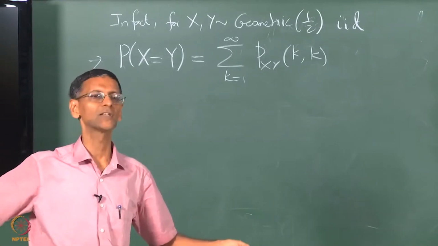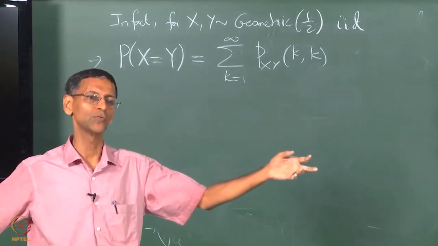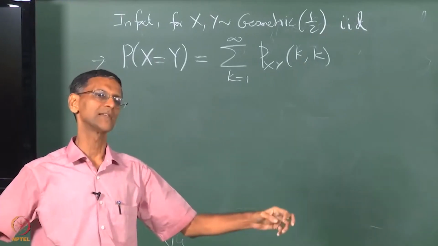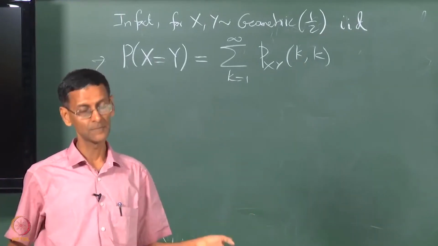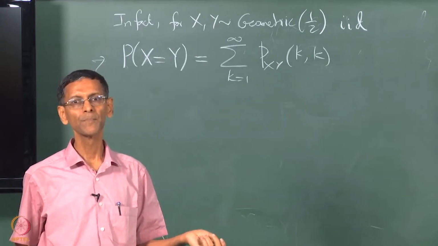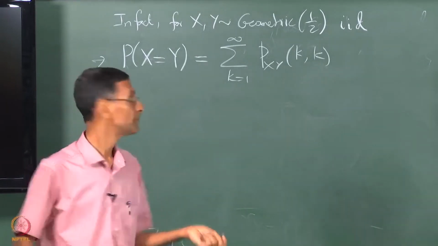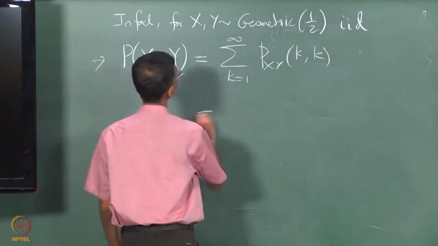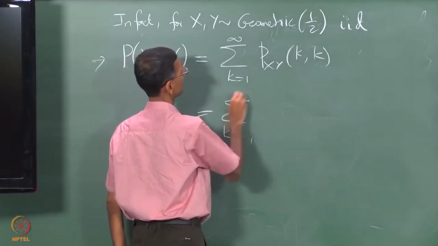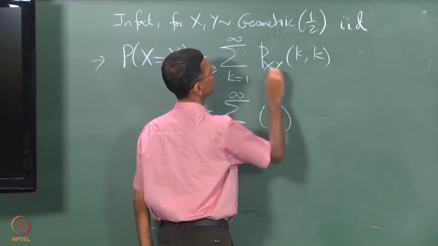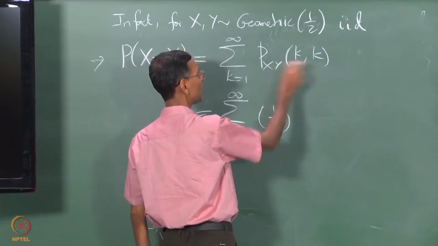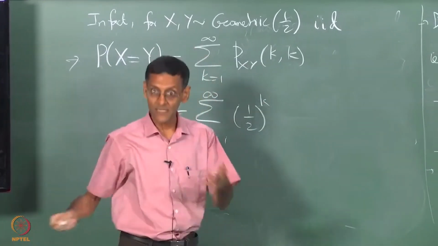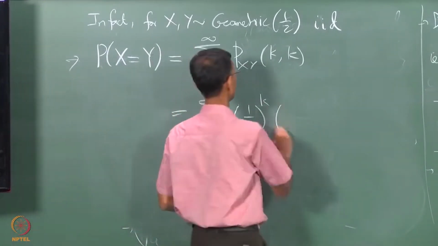One person tossing in this corner of the room, the other person tossing in that corner of the room, and you are looking at the event that the same number of trials is required to get a head. What is this? This is the probability x equal to k, y equal to k, because they are independent, they will factor, and somebody actually said the right answer, it is 1 by 3.